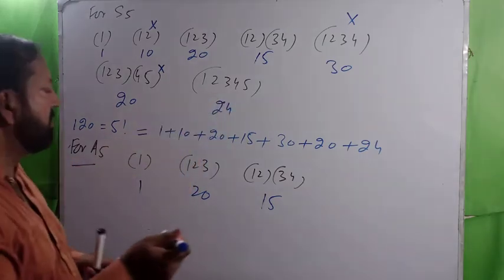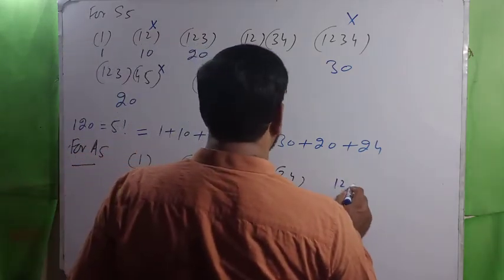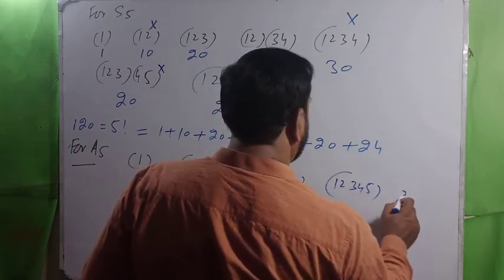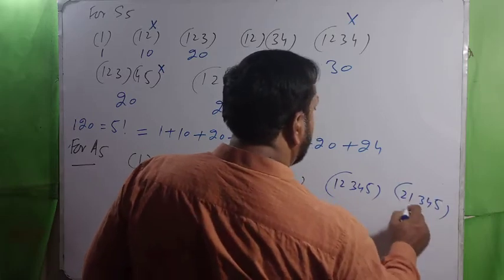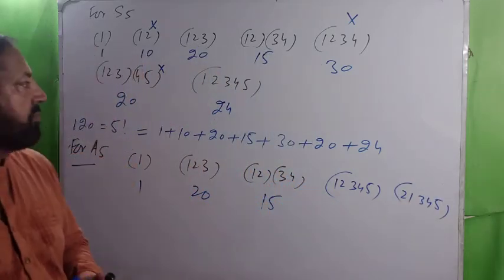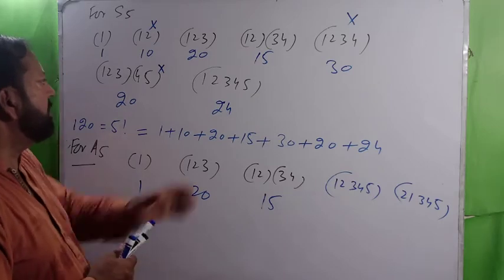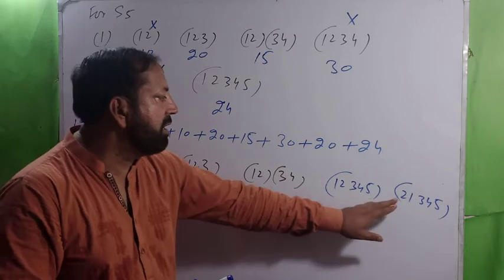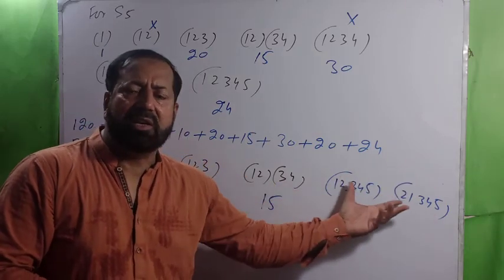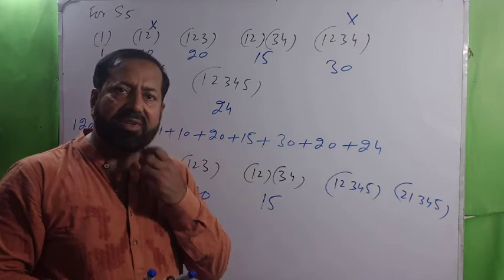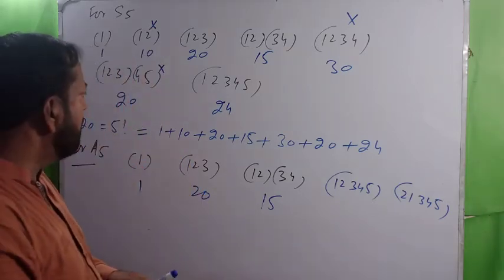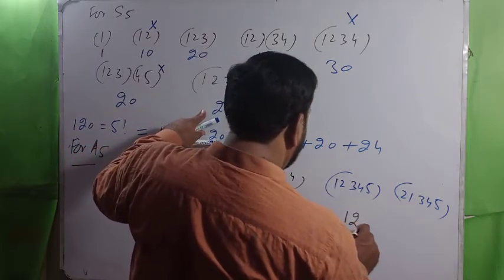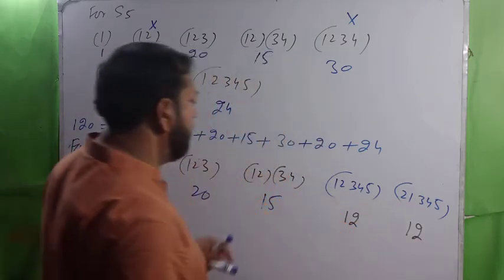Because you will see that (1 2 3 4 5) and (2 1 3 4 5) are not conjugate to each other. You can check this. They both are not conjugate to each other. That's why this 24 would be split into 2 classes of 12 and 12, right?